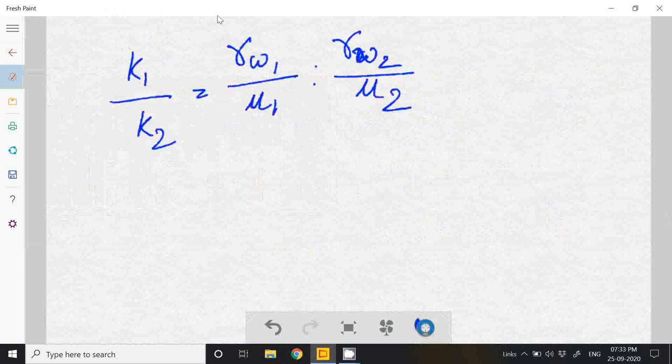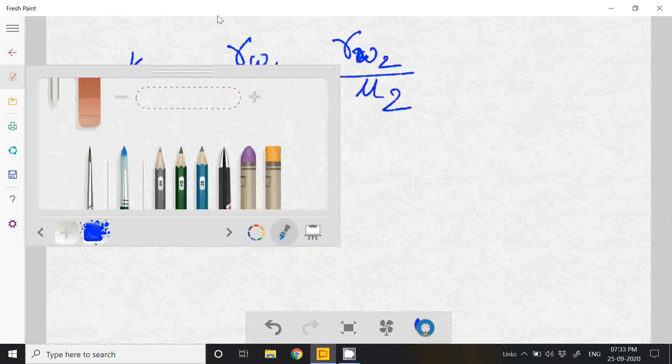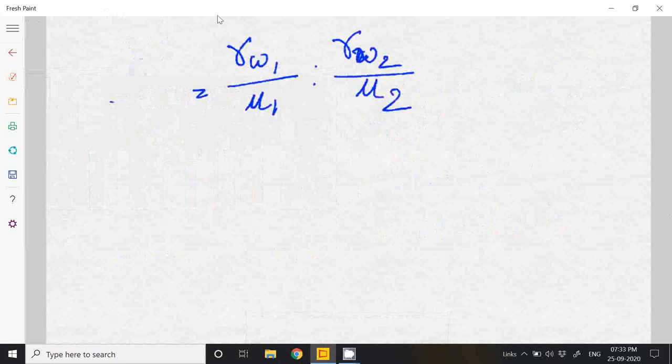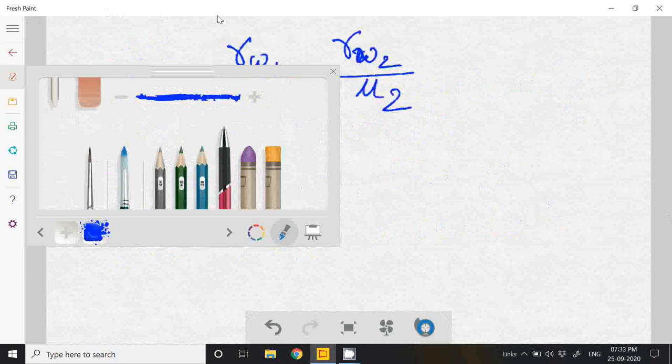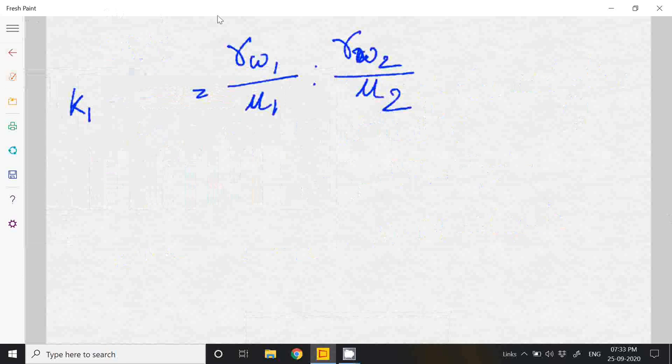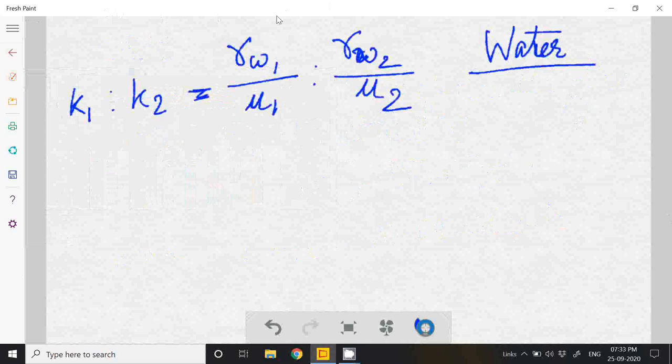So I'll write it in a much better way: K1 is to K2, or K1 divided by K2. Now, there is nothing mentioned about the fluid, so let us consider water. If nothing is mentioned about the fluid, consider it as water.